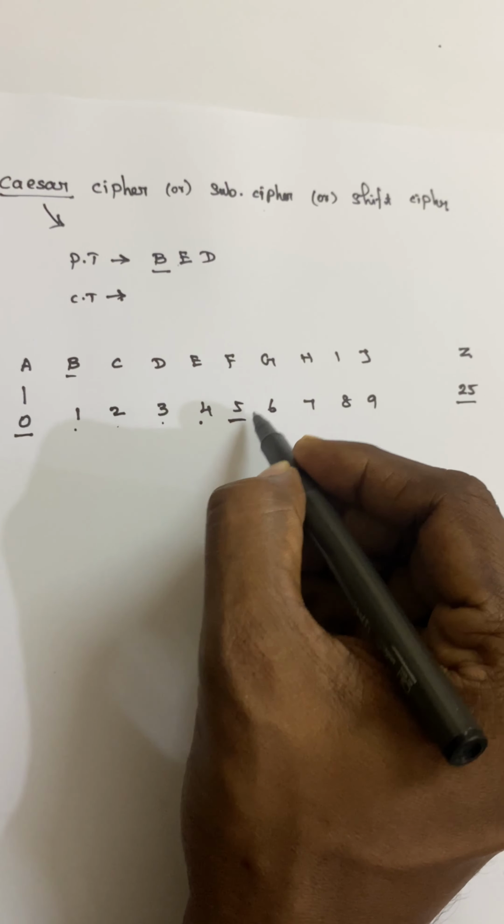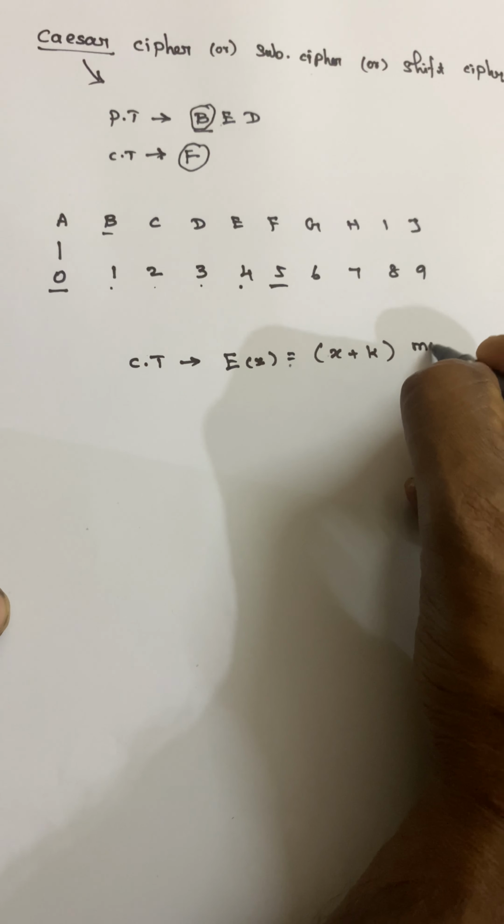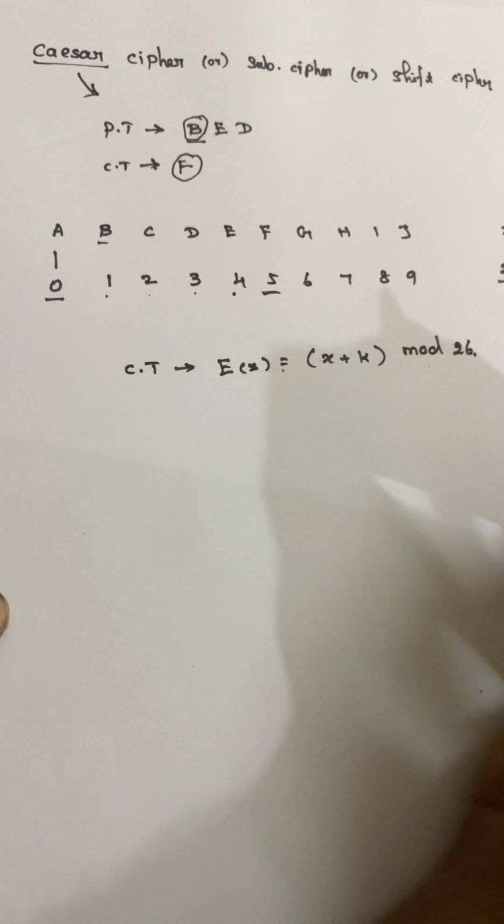Okay, now for this we have a mathematical calculation. If you want to find the ciphertext, we have a formula: encryption of x equals x plus k mod 26.